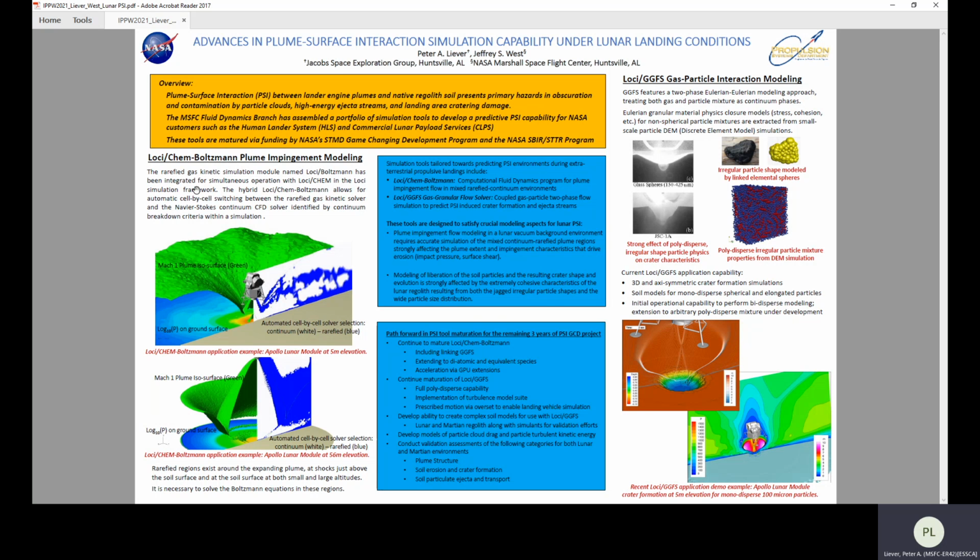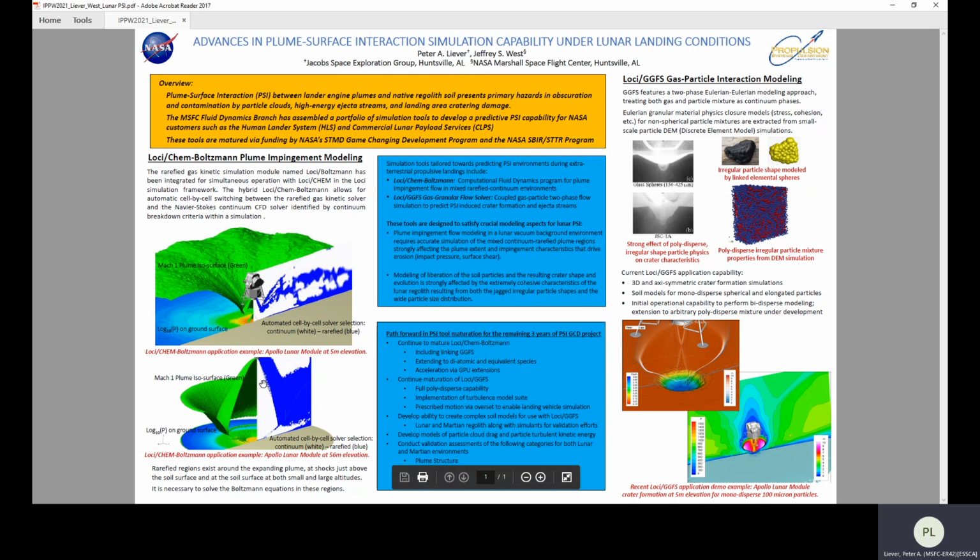The top one shows impingement at a 5-meter elevation above the surface, and the bottom one at a 56-meter elevation. The cutting plane through the center domain shows the cell-by-cell switching between the continuum flow solver, which is shown as white cells, and the rarefied flow solver, which is shown as blue cells.